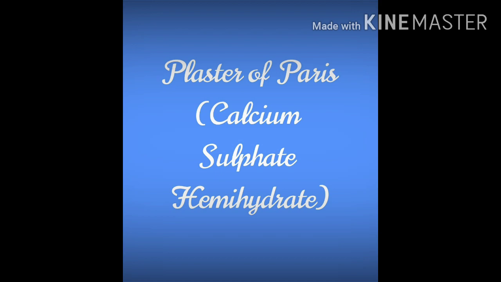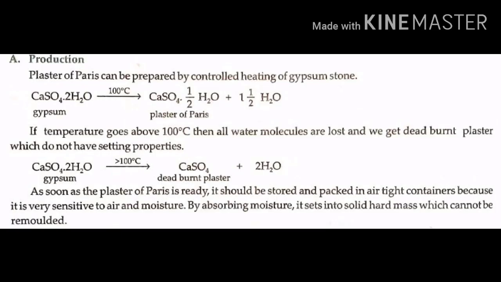Plaster of Paris. Calcium sulfate hemihydrate, CaSO4 half H2O. Plaster of Paris can be prepared by controlled heating of gypsum stone. CaSO4 2H2O is heated at 100 degrees Celsius to give CaSO4 half H2O plus 1.5 H2O.